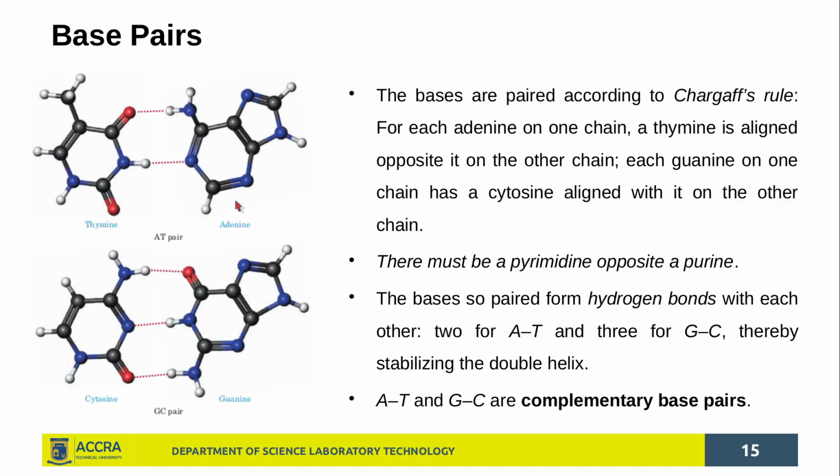In other words, the number of adenines in a nucleic acid is equal to the number of thymines. Similarly, the number of cytosines in a nucleic acid chain is equal to the number of guanines in a DNA molecule, because these are complementary bases. They bond to each other.